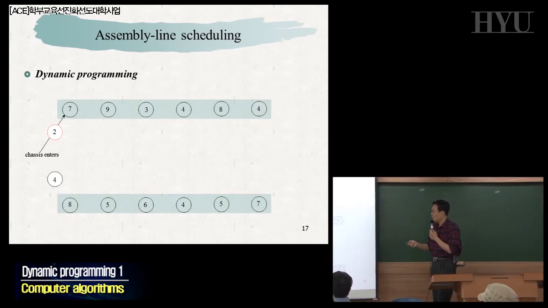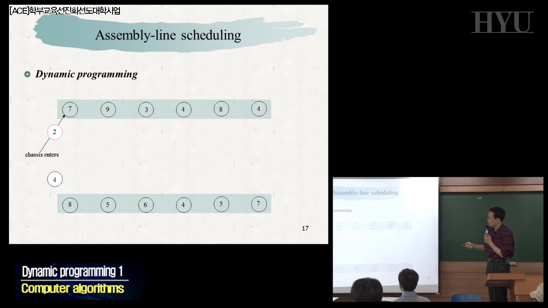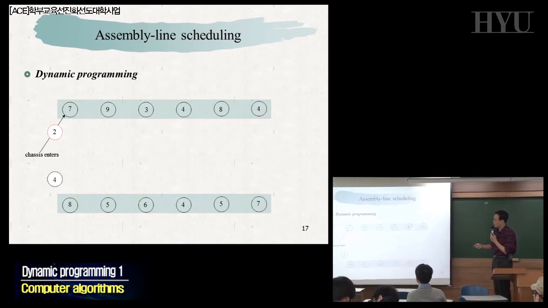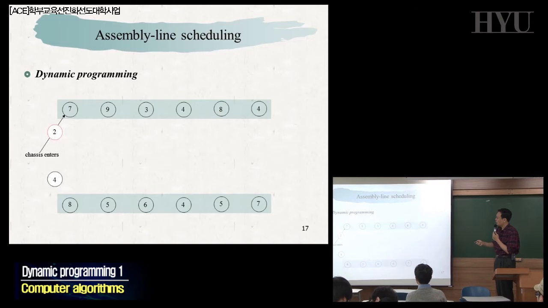Okay. So in this case, the entry times are 2 and 4, and each value in each station is its assembly time. Let's see. So it's 9. There is no other choice. And it's 12. There is no other choice.